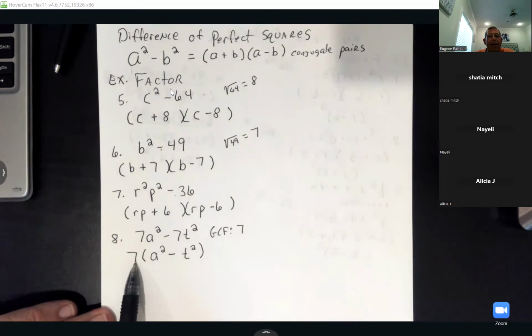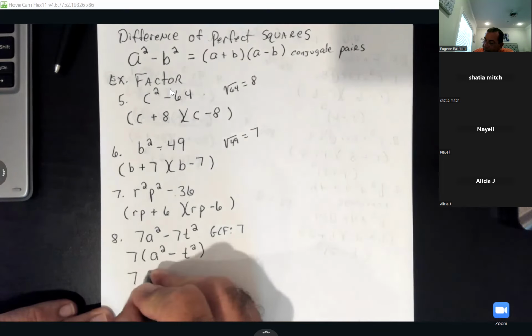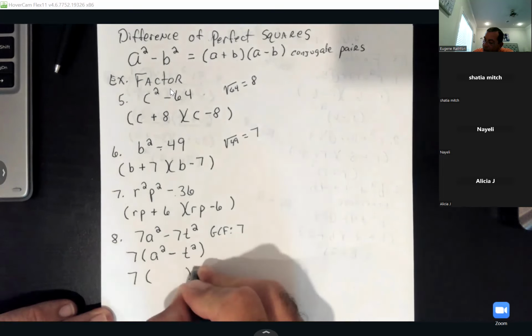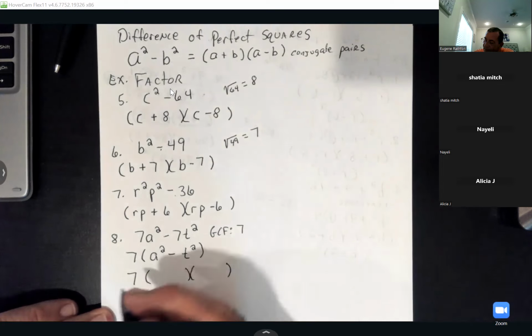So we factored out our greatest common factor of 7, but look here. I still got to factor what's inside the parentheses. So you would bring down your 7, right, your two sets of parentheses. I got to figure out what's going in the front of both of these. I got an a squared, so that's going to put an a and an a.